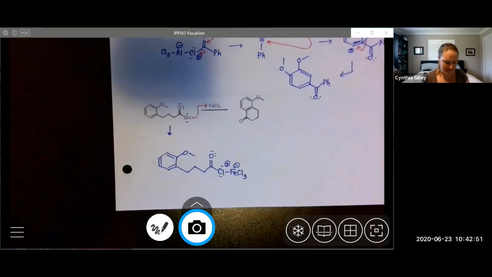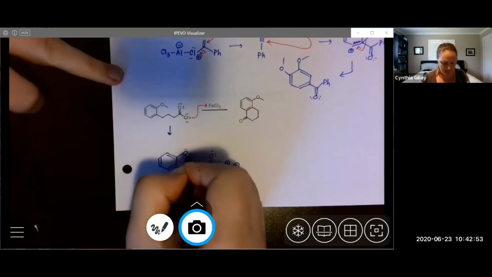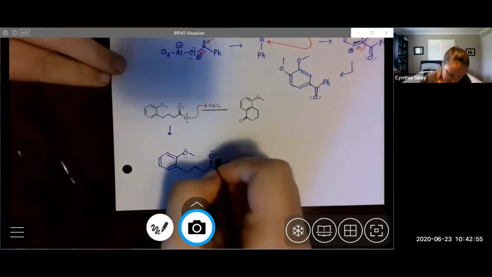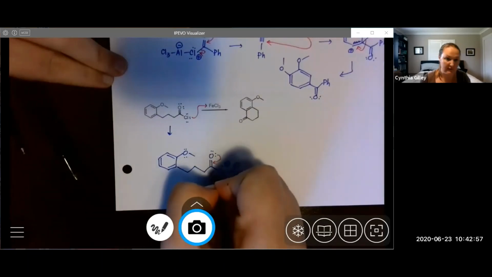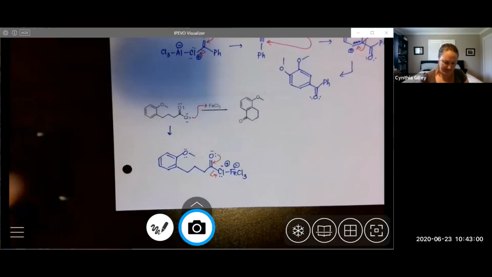There's our complex, and we can go ahead and pick out the leaving group to generate the acylium ion.